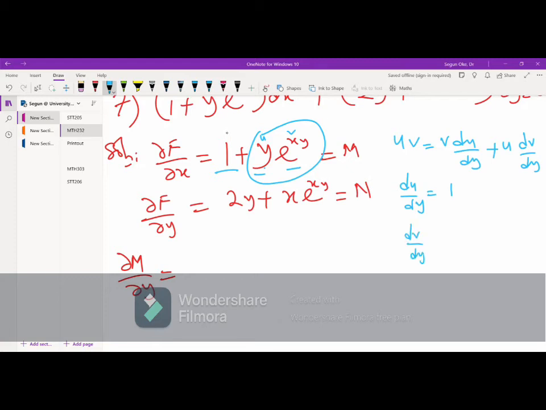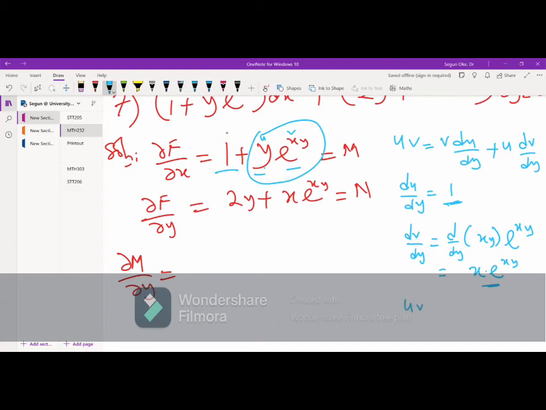Dv dy is equals to what? It's the same thing as d dy of x exponential xy. Differentiate this with respect to y. What do you have? You will have x exponential xy. So now substitute dv, substitute this also into your equation.